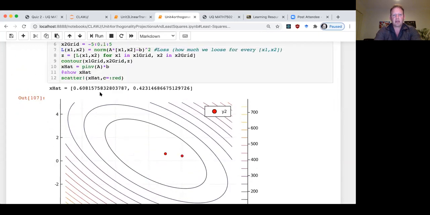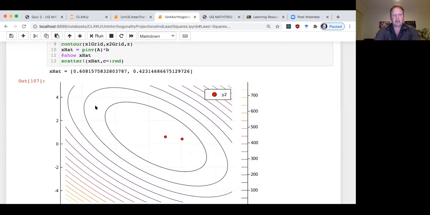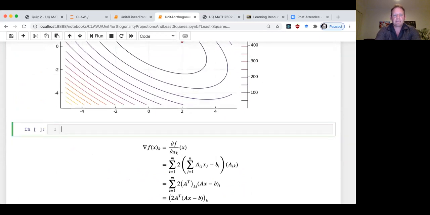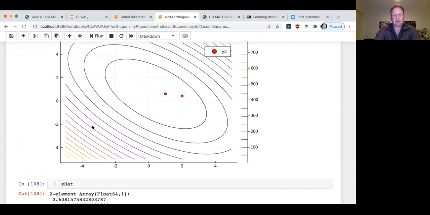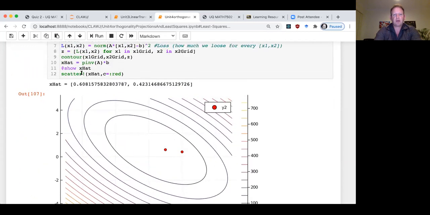That didn't work. Let me see a second. X hat is a 2-element array. All I want is just to put X hat 1, comma X hat 2. I think this may be like that.